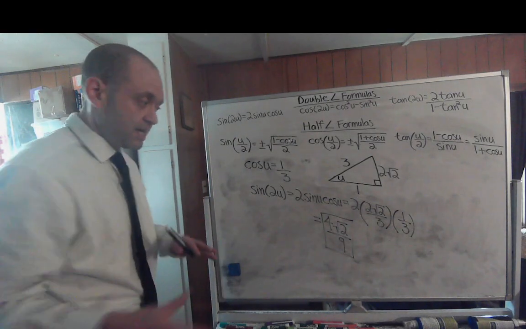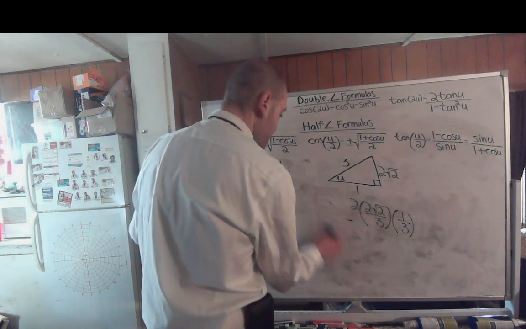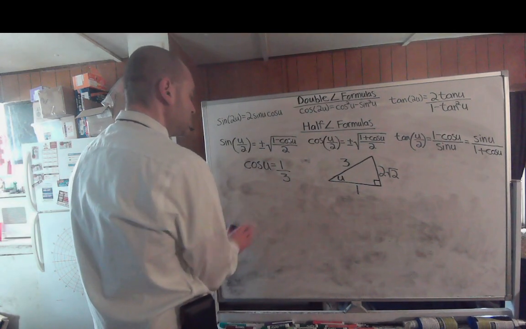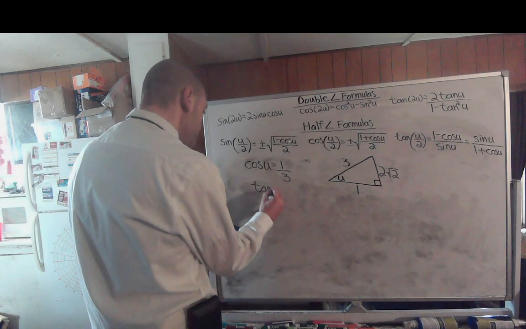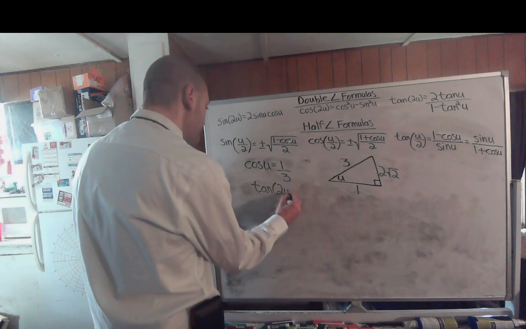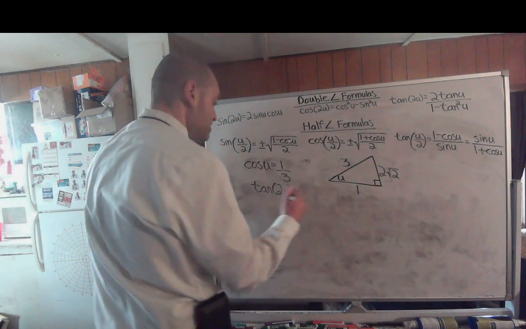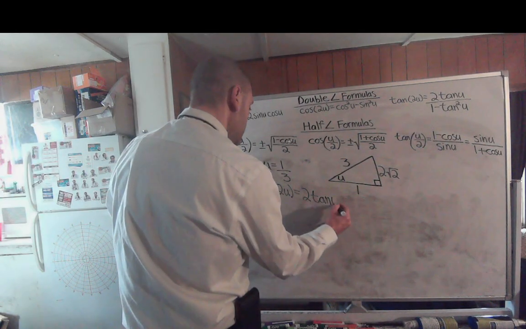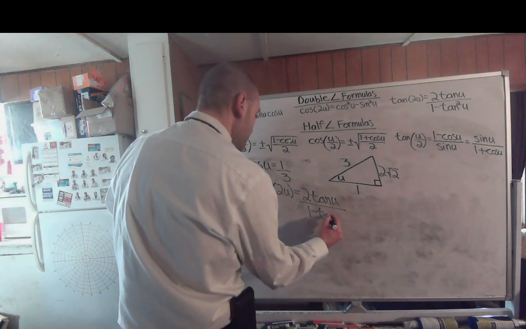And then last but not least, let's find the tangent of 2u. All right, the tangent of 2u. So the tangent of a double angle is the same as 2 times the tangent of the single angle divided by 1 minus the tangent of the angle squared.